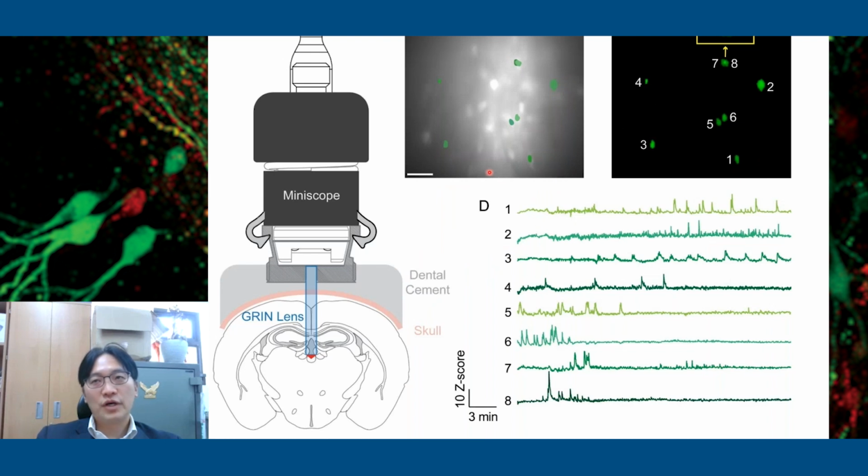You have images of like 20 or 50 neurons at the same time, neuron number 1, neuron number 2, and then you align the neurons with your event and analysis.